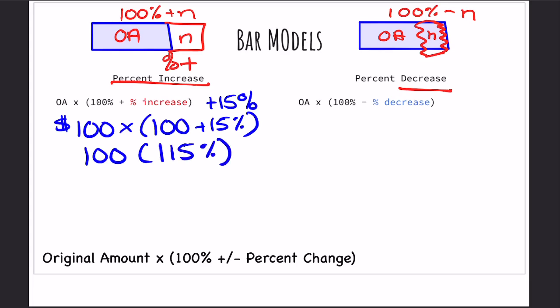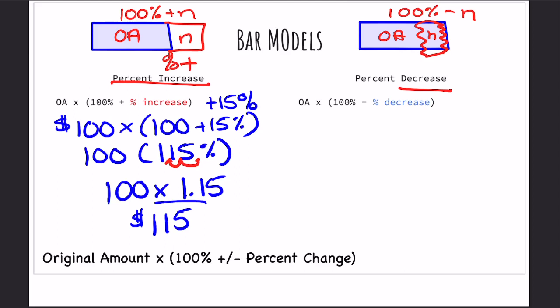We already know from 6th grade that we have to change this to a decimal, so we go to the left, my little Beyonce moment. And we're just doing 100 times 1.15. That's all we're doing. When we use our calculator, because we don't ever expect anyone to do this completely in their heads, 100 times 1.15, you get $115.